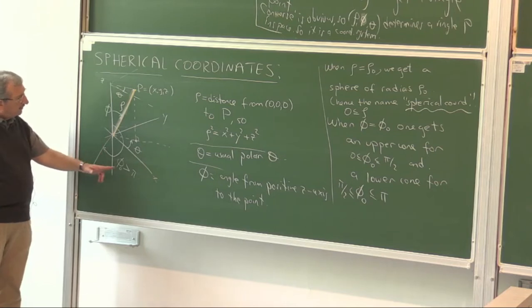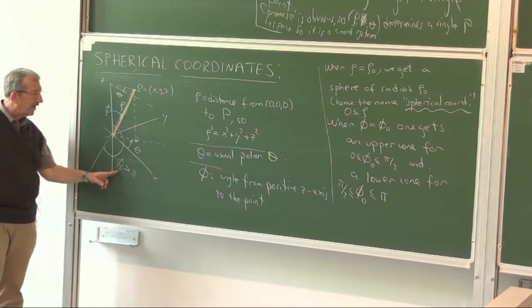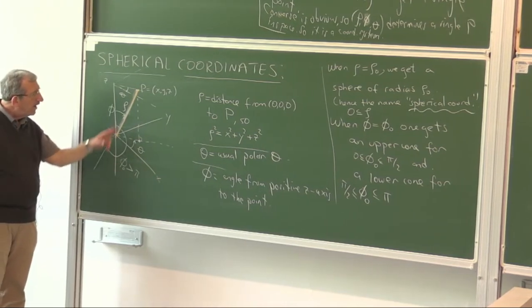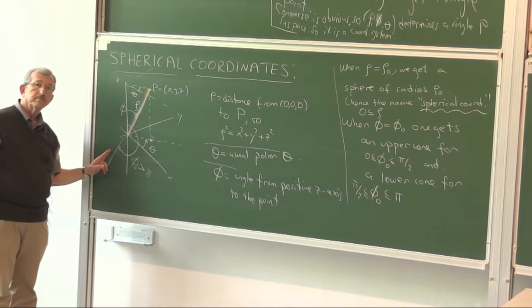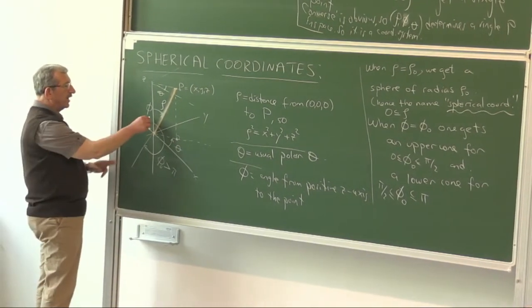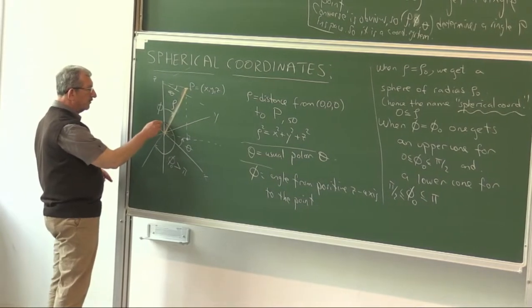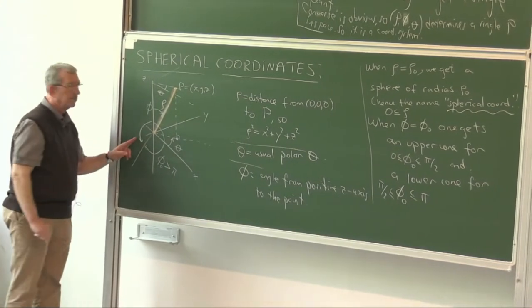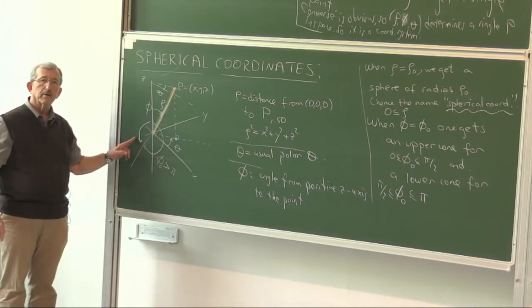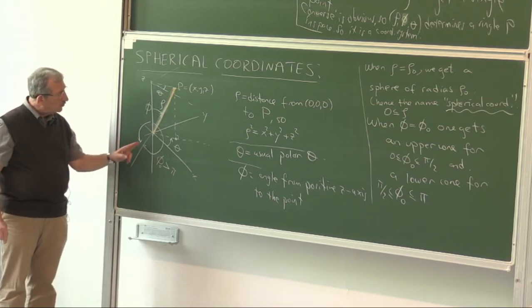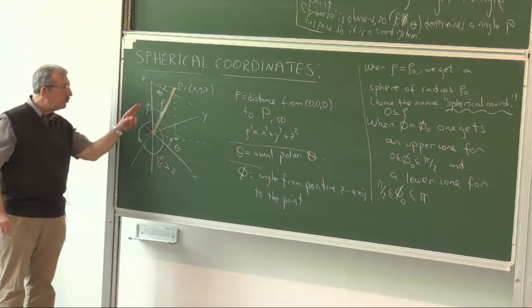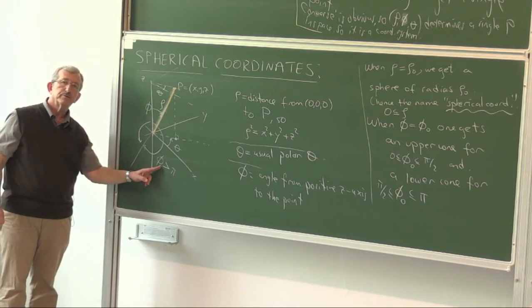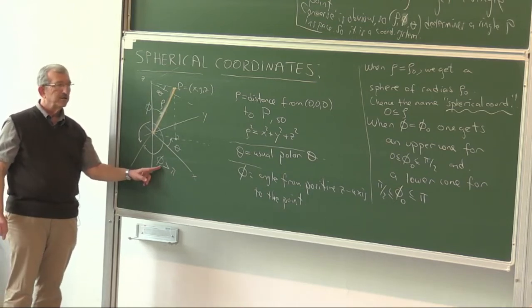Well, this, of course, can be characterized by the other angle, starting from the z-axis, going up to here. And so, for such a point, we would have two phi values, which means that it will not be a coordinate system.